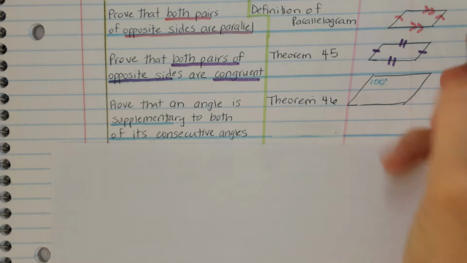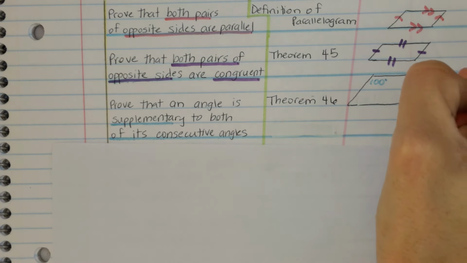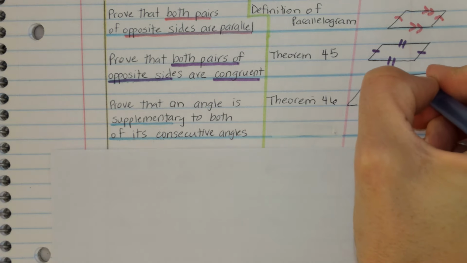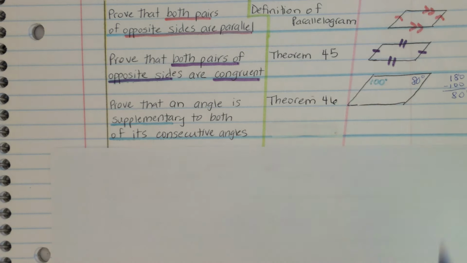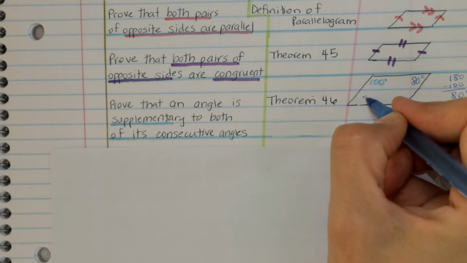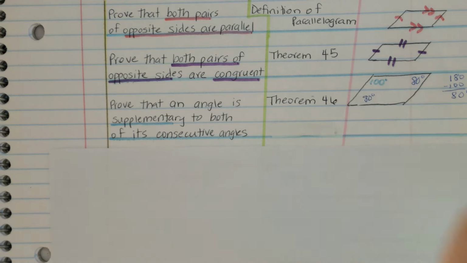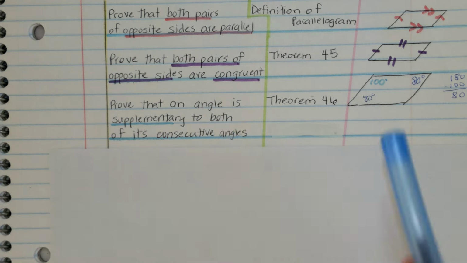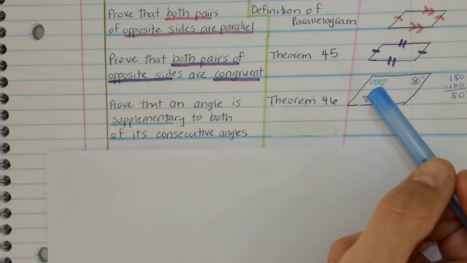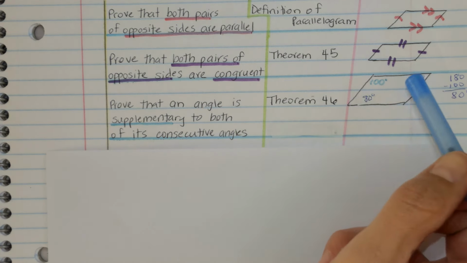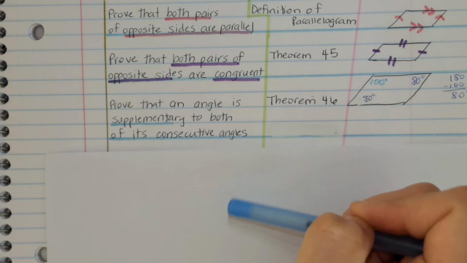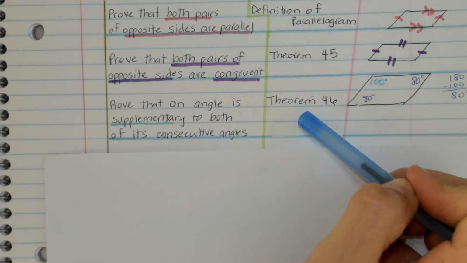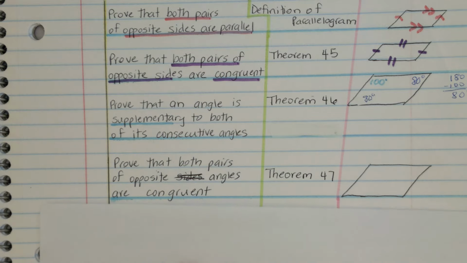So I would do 180 minus 100 to check. That would be 80 degrees. So both consecutive angles would have to be 80 degrees, and that one would be 80 degrees also. That's what this one means: prove that an angle is supplementary to both of its consecutive angles. If we know one of them is 100 and we can prove that the other two are 80 degrees, then this would be true. That's theorem 46.